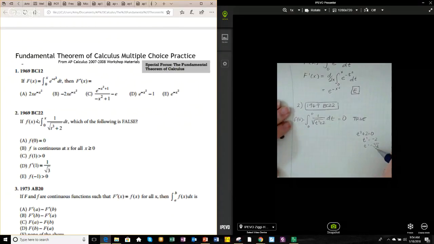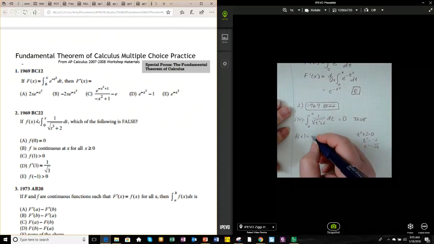So I'm going to have a discontinuity when t equals the negative cube root of 2, which is not in the domain of this one.